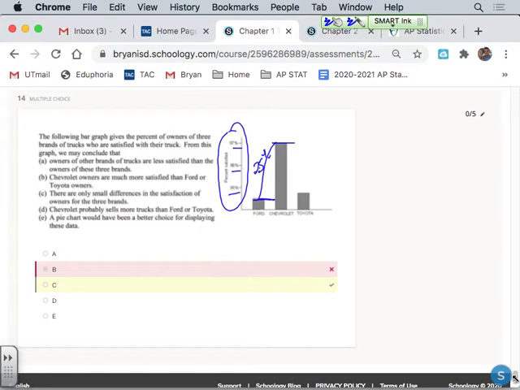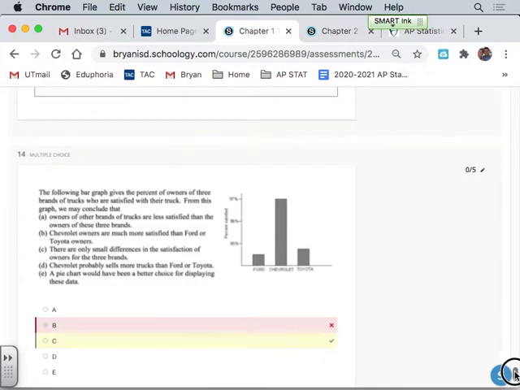But they made their graph to where it looked like there was a huge difference between Ford and Chevy, when in actuality, it just didn't start at 0. So I think it was C. There's only a small difference between the satisfaction of the owners. They just had the bar not start at 0. The graph was a bad graph.